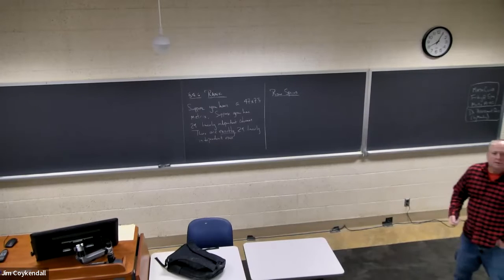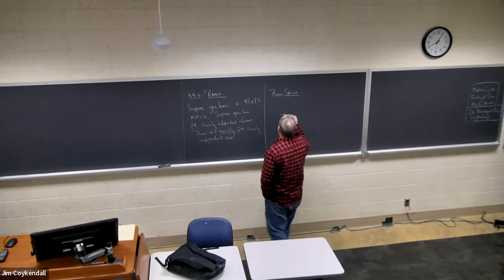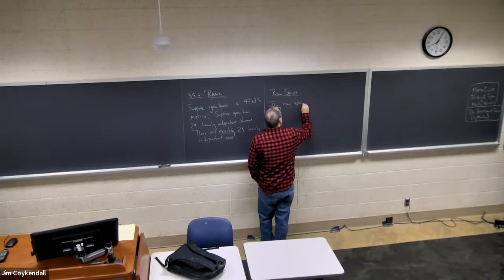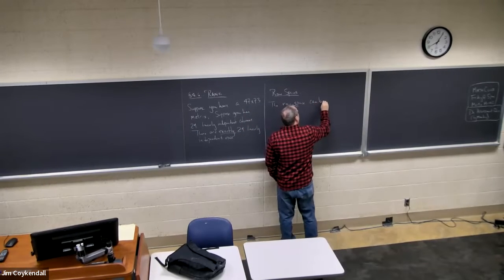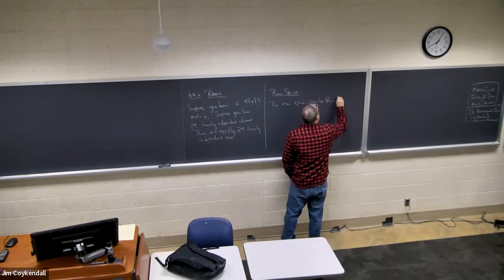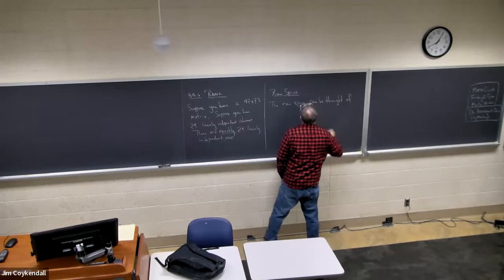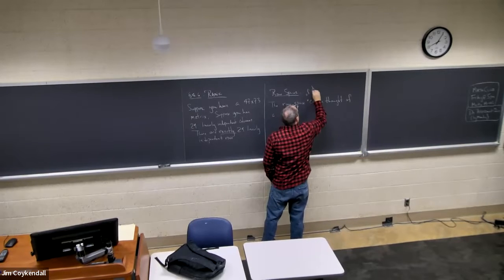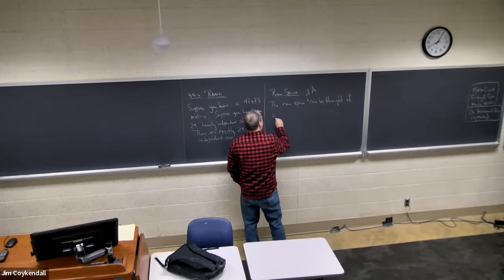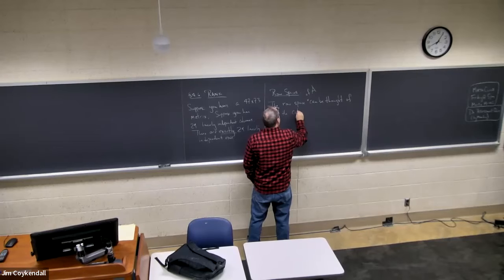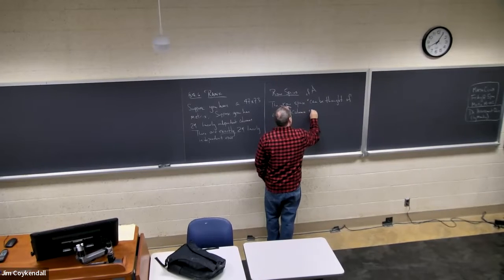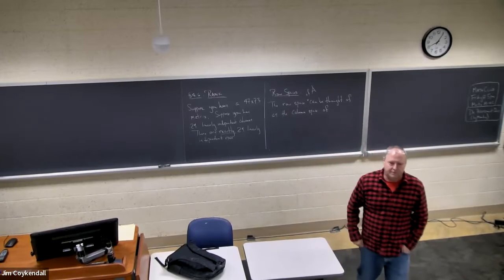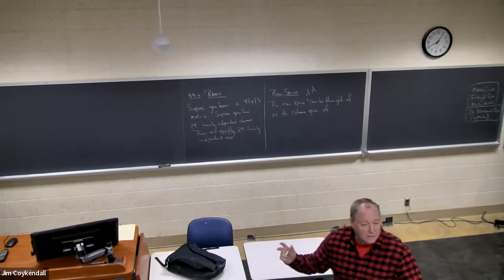In fact, the row space of matrix A can be thought of as the column space of the transpose.